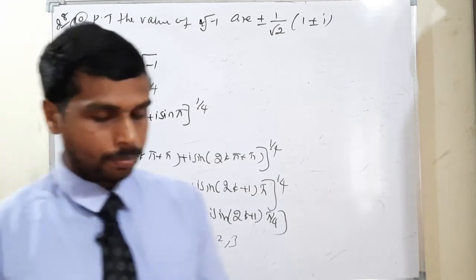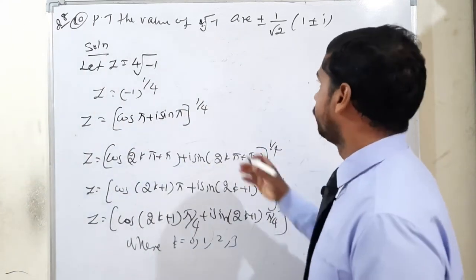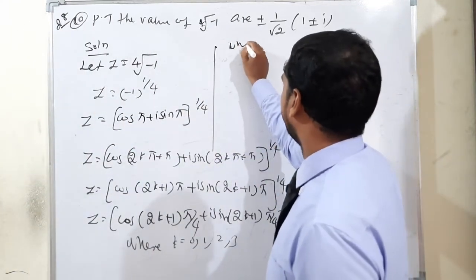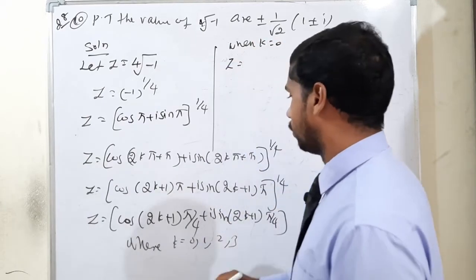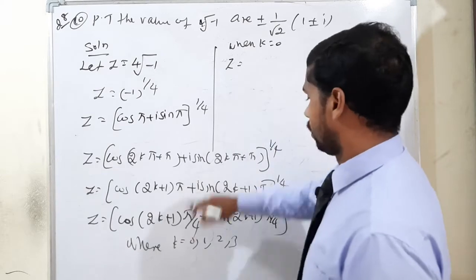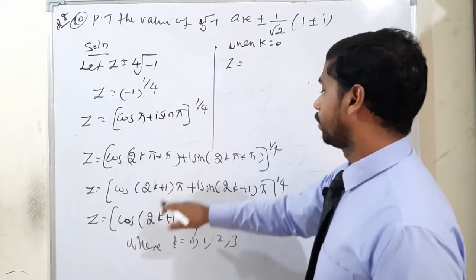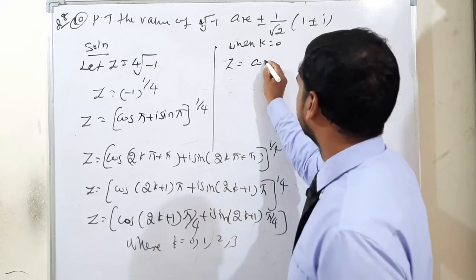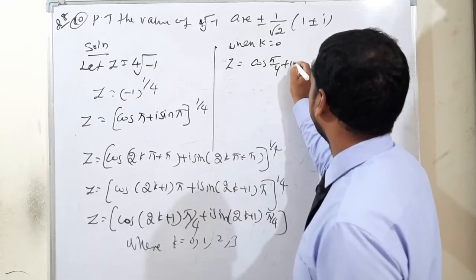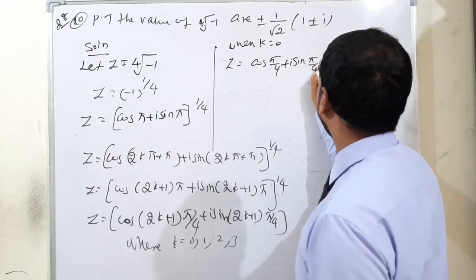So just apply one by one. When k is equal to 0, what will happen? z is equal to: instead of k apply 0, 2 into 0 is 0, 0 plus 1 is equal to 1, 1 into pi by 4, so cos pi by 4 plus i sin pi by 4.